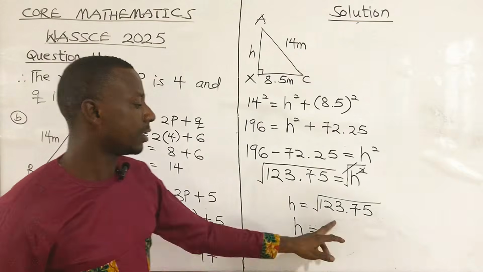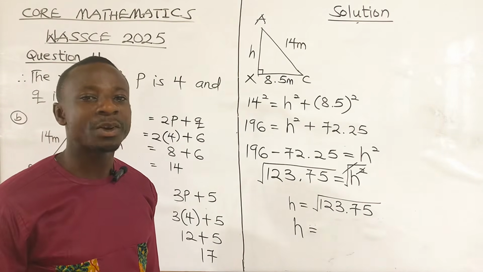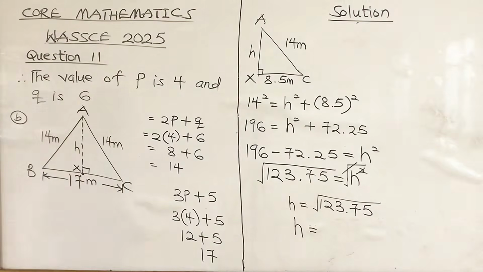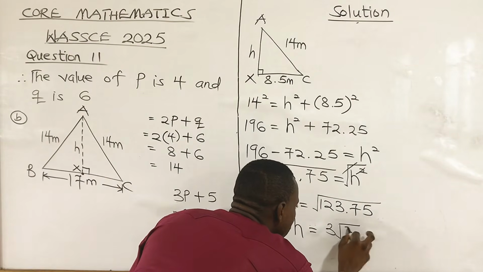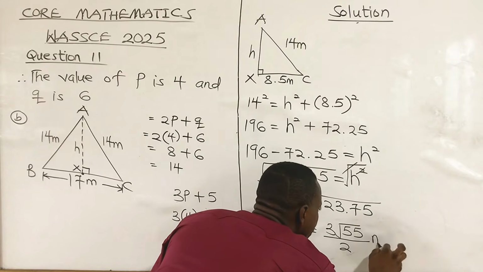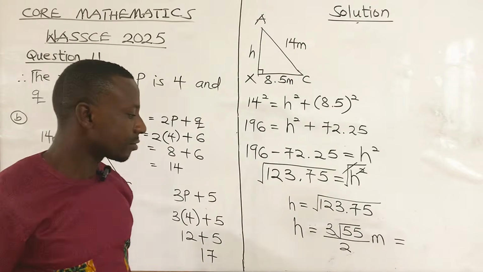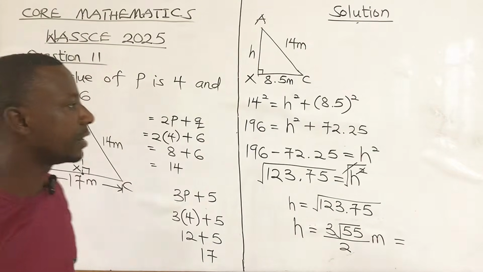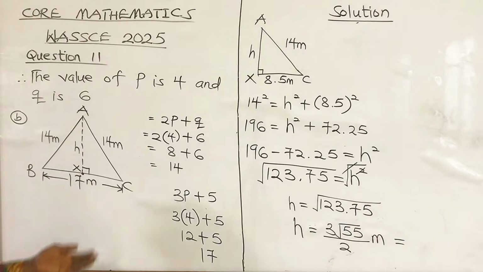So from here, the square root of 123.75, what did you get? So we have 3 root 55 all over 2 meters. So we are going to look at the area of the triangle or the cardboard. So now let's get the area quickly.